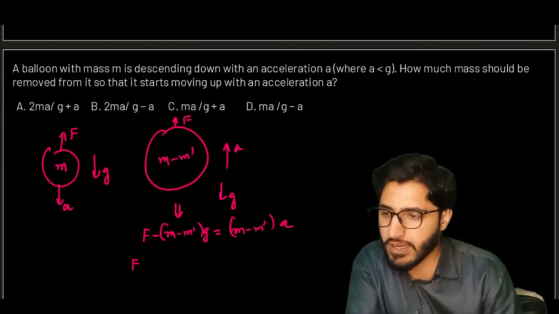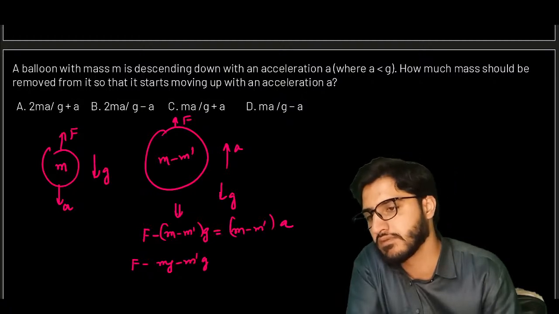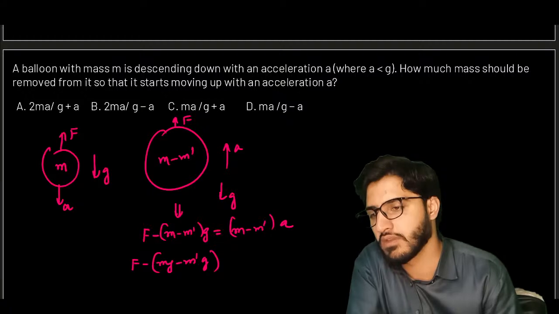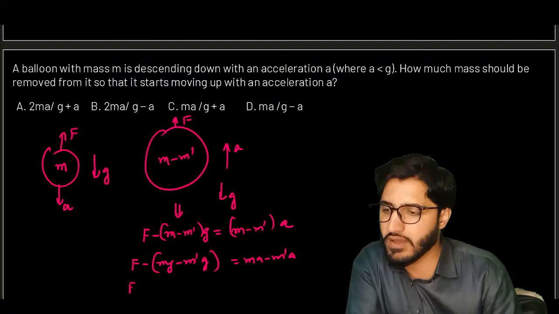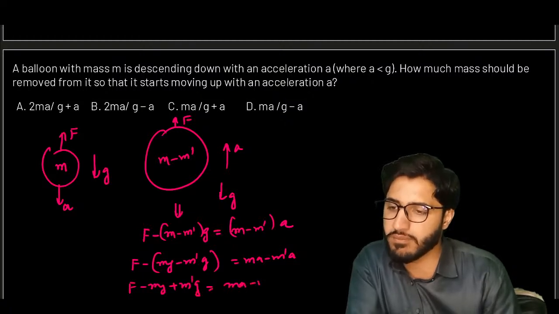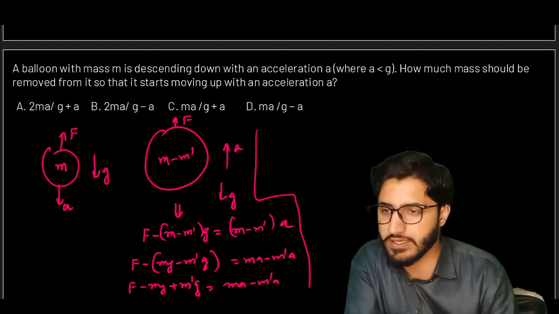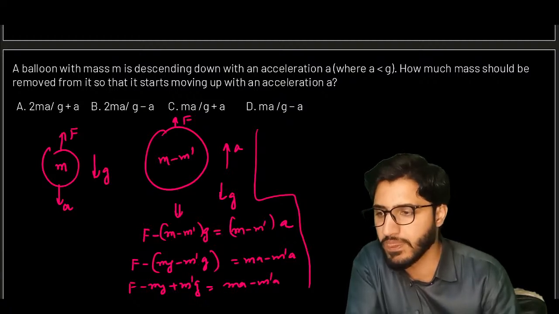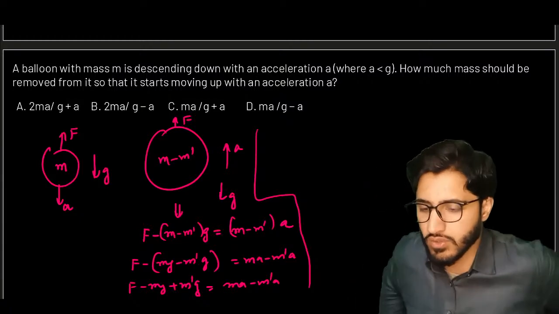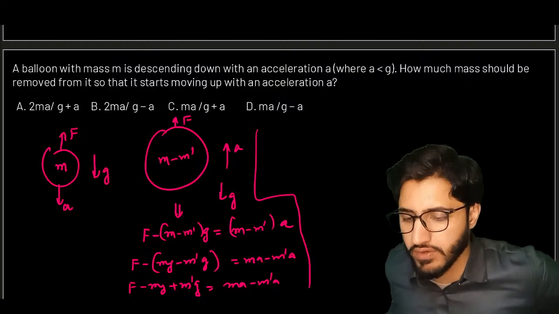Can I write F minus mg minus m dash g equals ma minus m dash a? So F minus mg plus m dash g equals ma minus m dash a. How can we do it now?